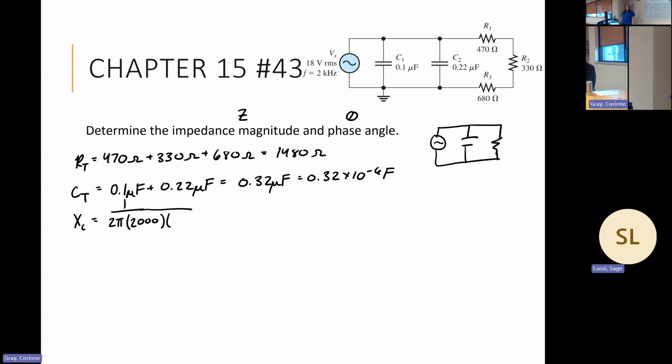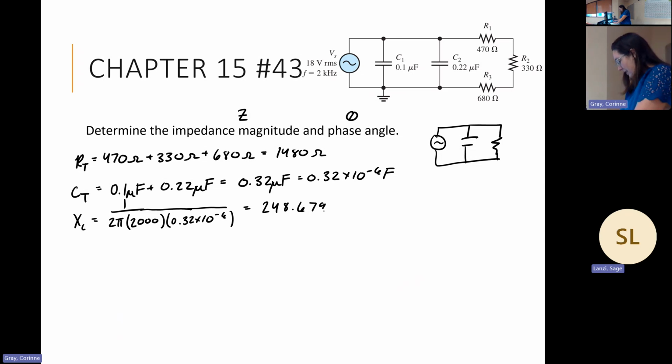Again, when I use this equation, my frequency needs to be in hertz. My capacitance needs to be in farads in order for this to pop out in ohms. We'll have my 0.32 times 10 to the negative 6, which I got 248.6796 ohms.